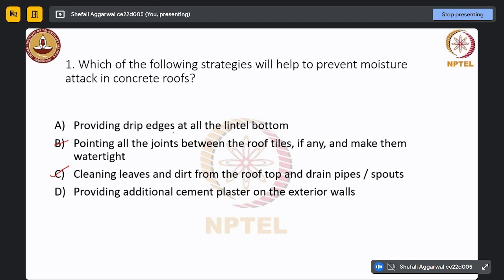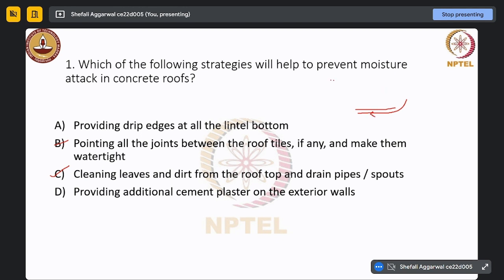So providing drip edges at all the lintels, if this is our lintel and we are providing drip edges at the bottom of this lintel, it will take away the water, right?